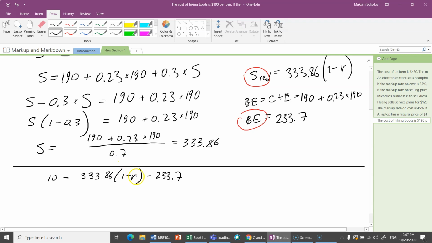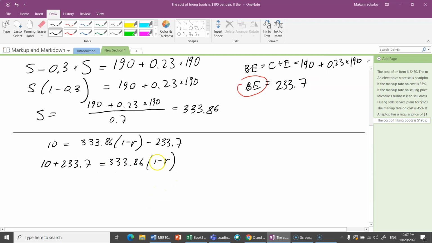We need to get to R in this equation. So all knowns will be, let's say, on the left side, and the unknown will be on the right side. Now we'll be getting to R. So 10 plus 233.7 will be 243.7 divided by 333.86.